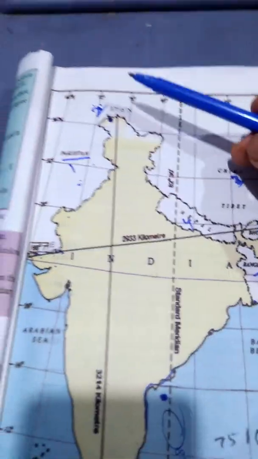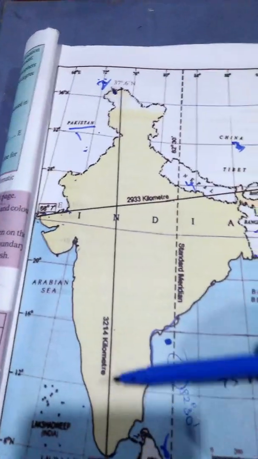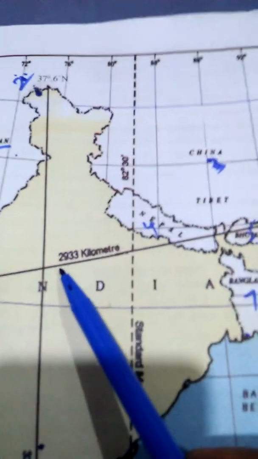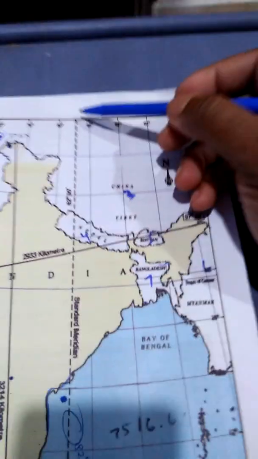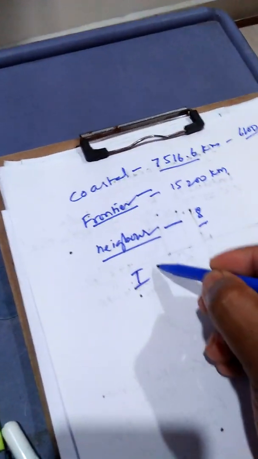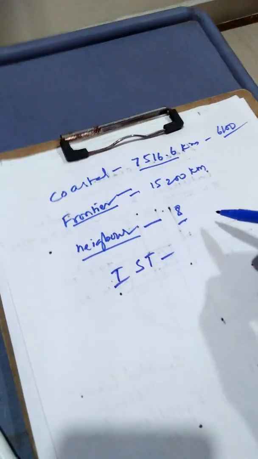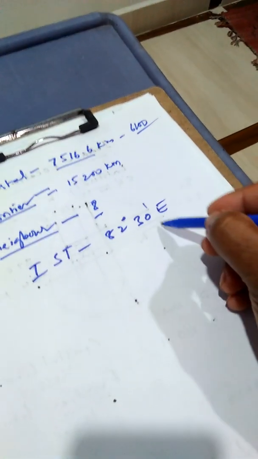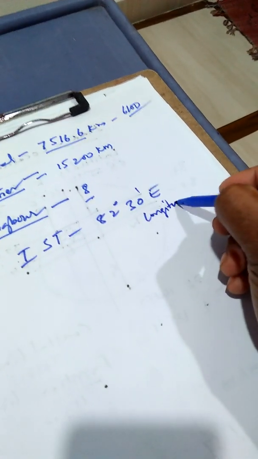The extension from north to south is 3214 kilometers, and from west to east is 2933 kilometers. Here, one line divides India vertically. Which line is it? IST, Indian Standard Time, 82 degree 30 minute eastern longitude.